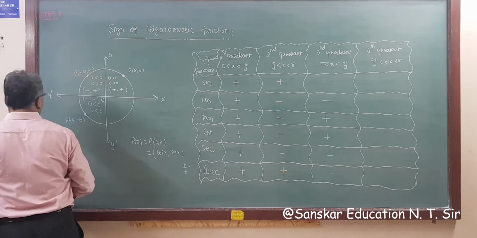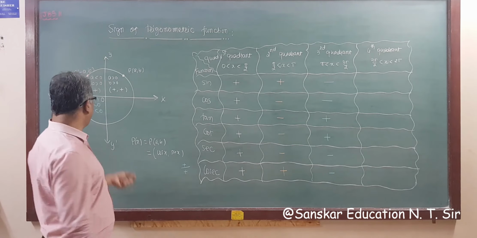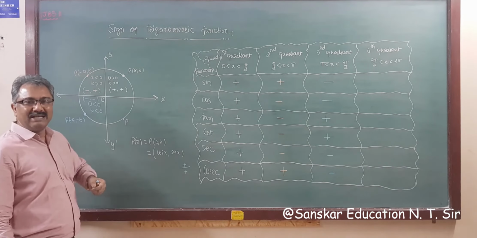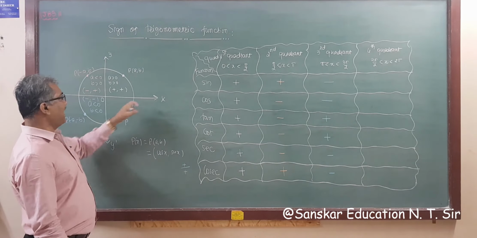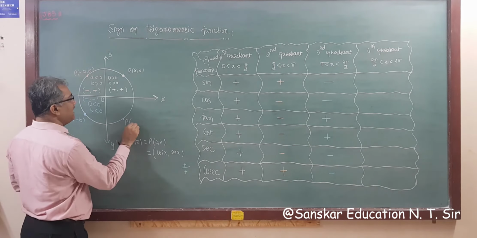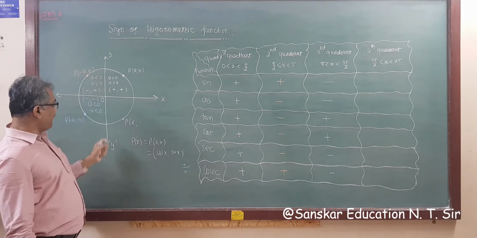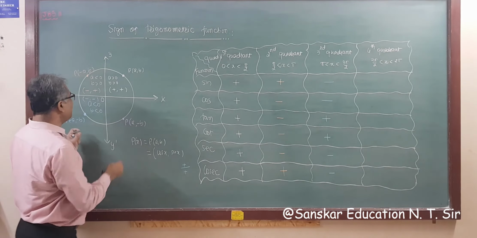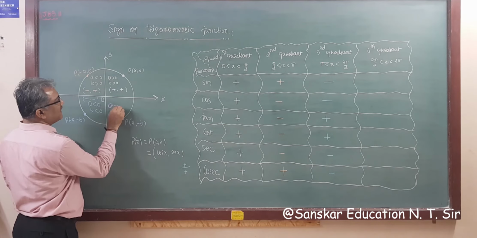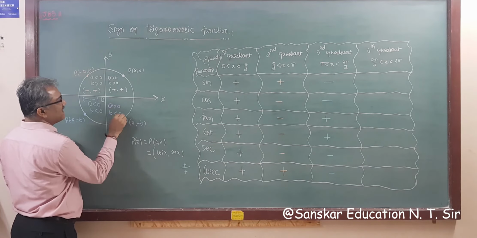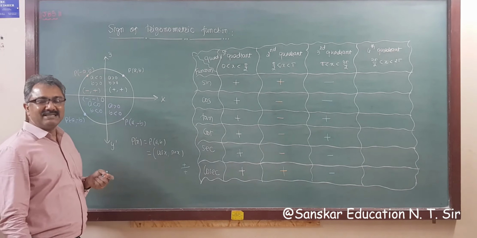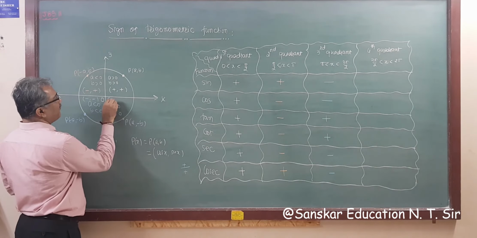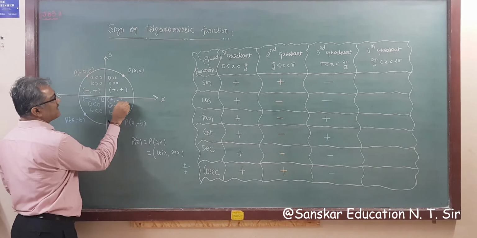And for the fourth quadrant, if we take P here, then the fourth quadrant P is on the circle. X is positive, that is a is positive, and the y axis is negative, so b is negative. Means here a is greater than 0 and b is less than 0, that is plus minus.